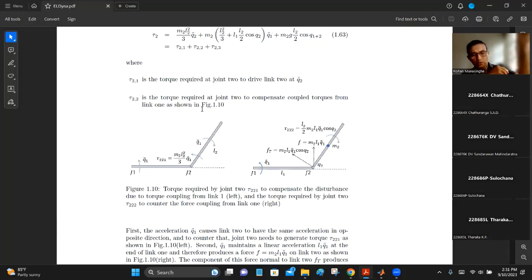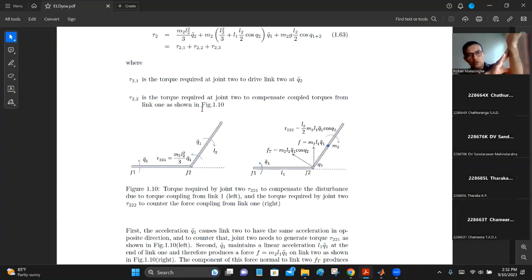And link 1 has to compensate for that. So the same thing happens the other way. Because of the acceleration of link 1, it produces a torque and force on link 2.